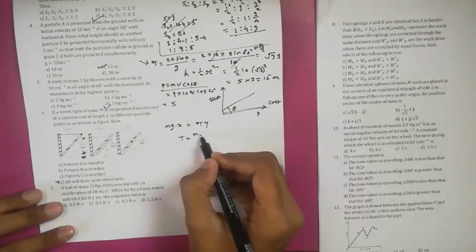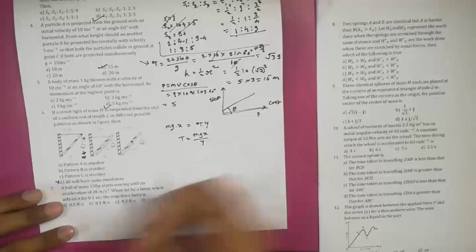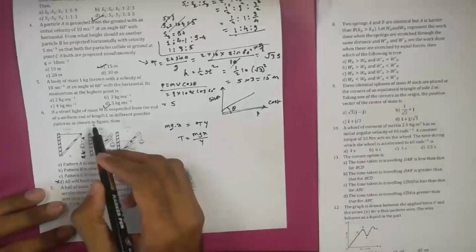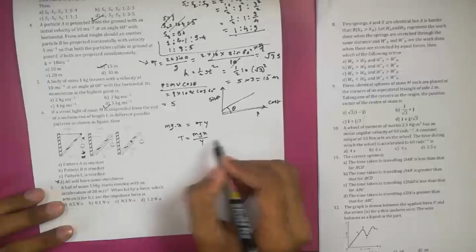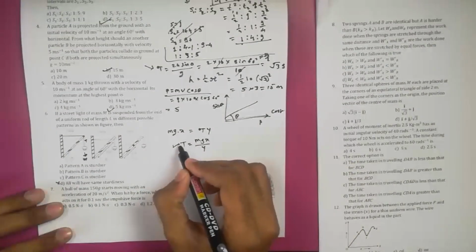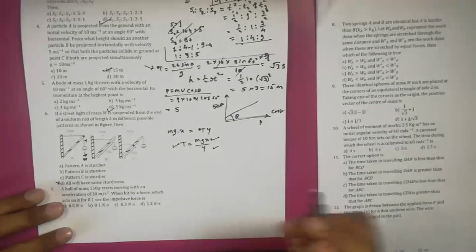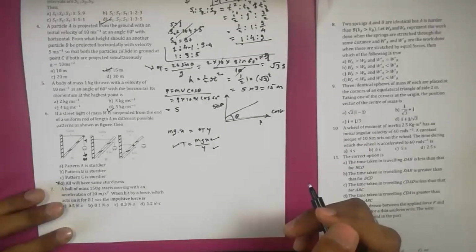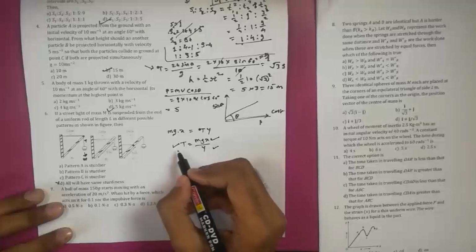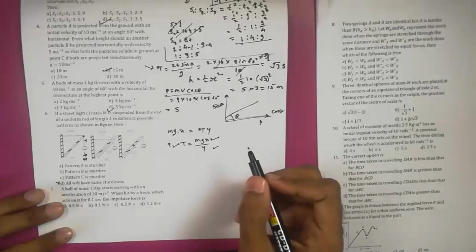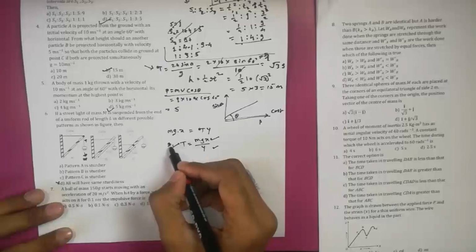Now, do we know the mass? Okay, we don't need to find it, we need to find which one is sturdier. That means your tension will depend on this x and this y. If the tension has to be minimum, that means your y should have the highest value.